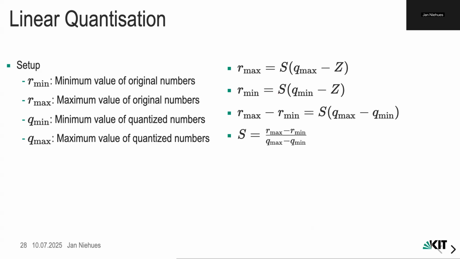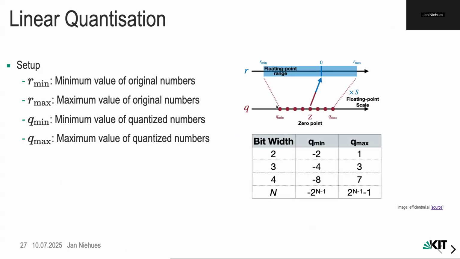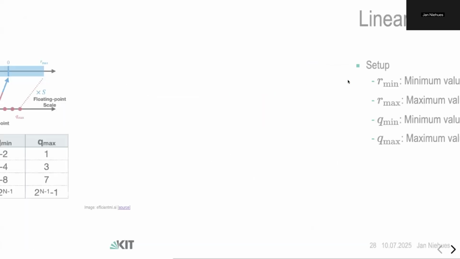So first S, you see that the maximum value of the original numbers should be mapped to the maximum number of your quantized values. The same thing, the minimal value should be assigned to the minimal quantized value. So of course, it makes sense: the minimal value is exactly going there, and the maximum value is exactly going there.